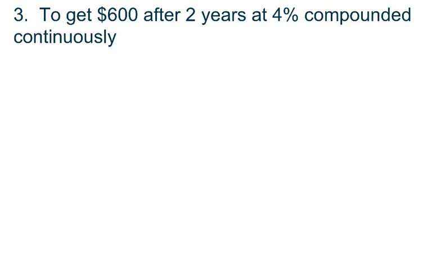Next one is 600. To get 600, we're going to write A equals 600, R equals 0.04, N equals 4. I should have written quarterly here.